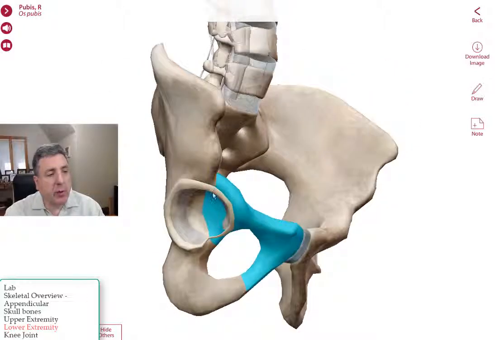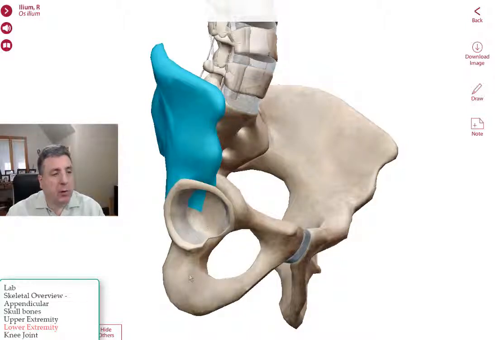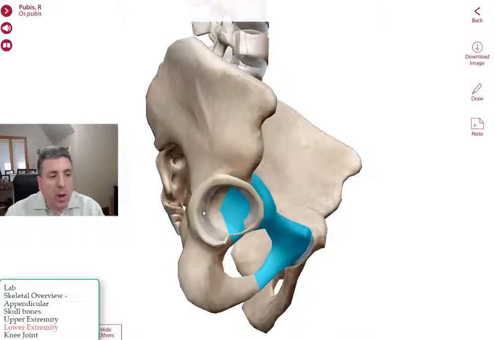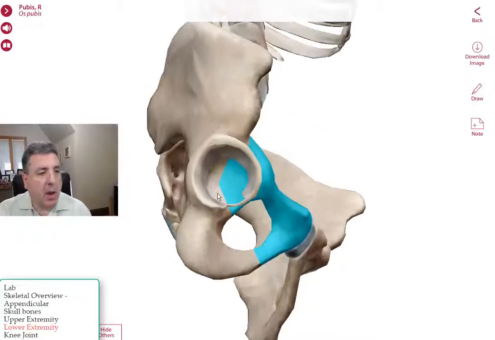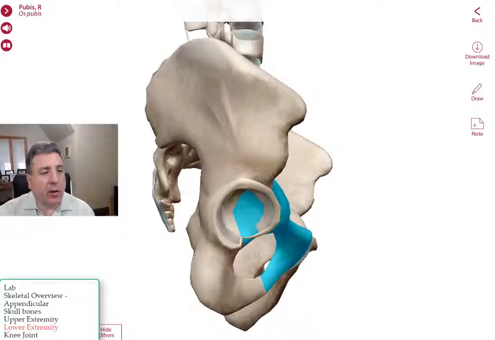So let me go through here and let's look inside this acetabulum. So your ilium comes down, forms part of the acetabulum. The ischium forms part of the acetabulum, and the pubic bone forms part of the acetabulum. And then they all fuse in this area. So those three bones form the acetabulum. Okay. And we're going to see the articular surface.